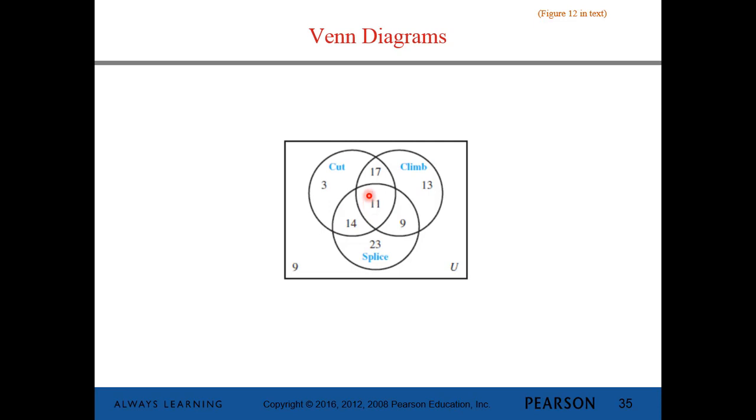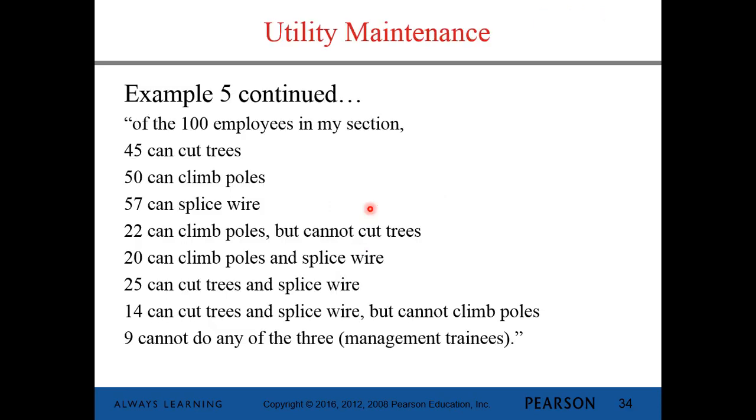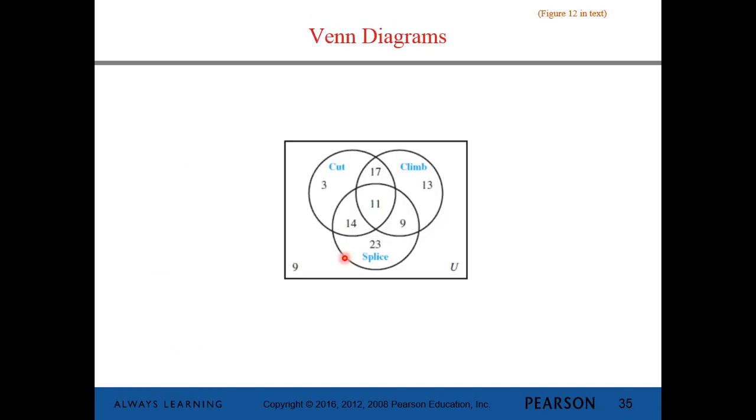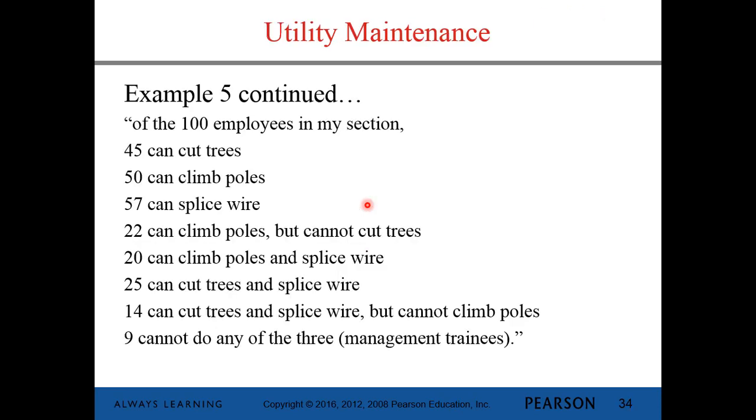So now we can figure out the rest of them because we know 20 can climb poles and splice wire. So we know that this is 20, and since 11 is here, 9 have to be here. Okay, what else can we get?